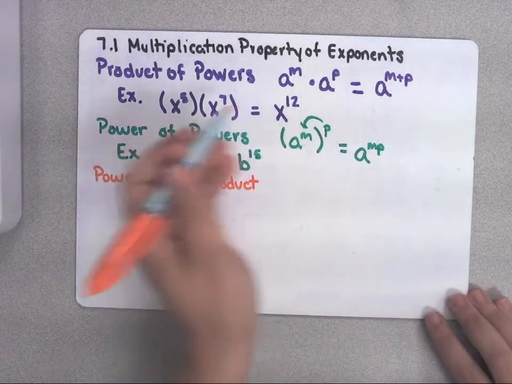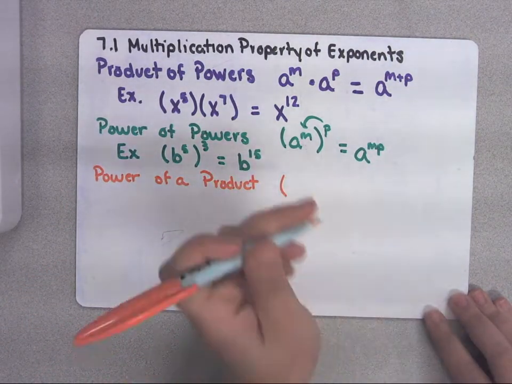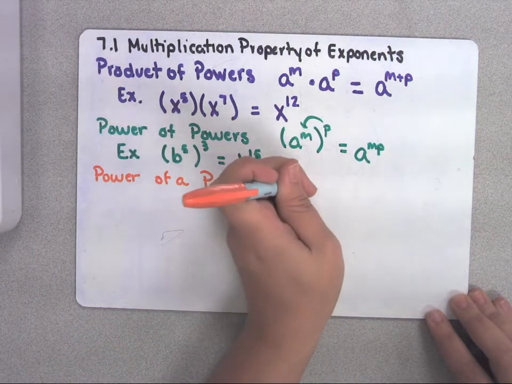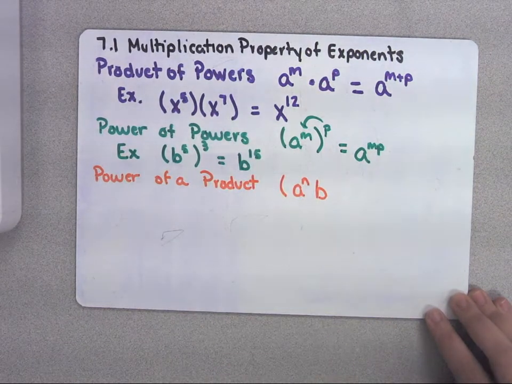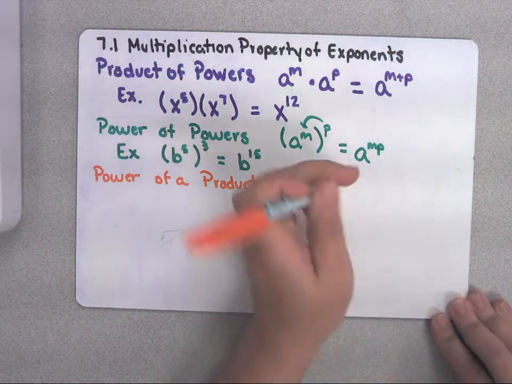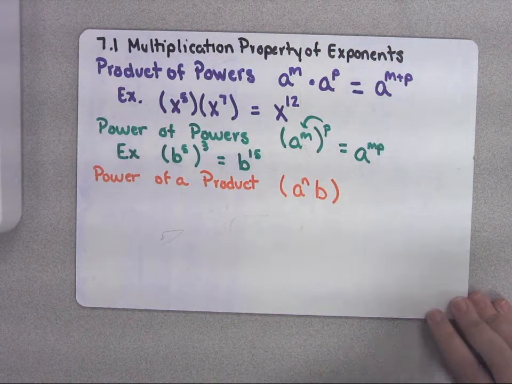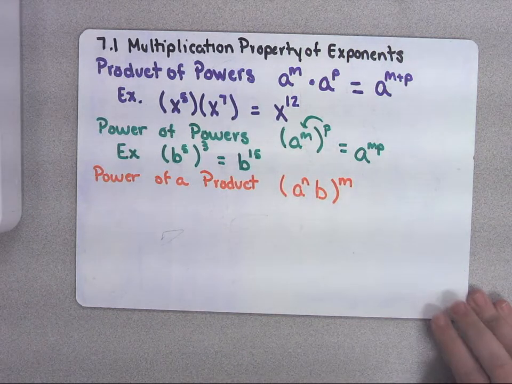What this is, is what happens when there's multiple things in the parentheses. So in the parentheses, we're going to have a to the, I don't know, n power. And what about b, and we'll leave it as b, which is just b to the 1st power. Close your parentheses. All to the m power.